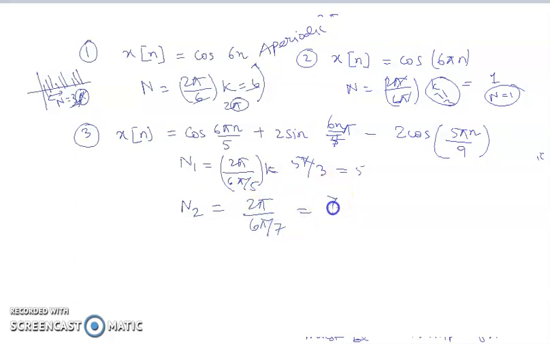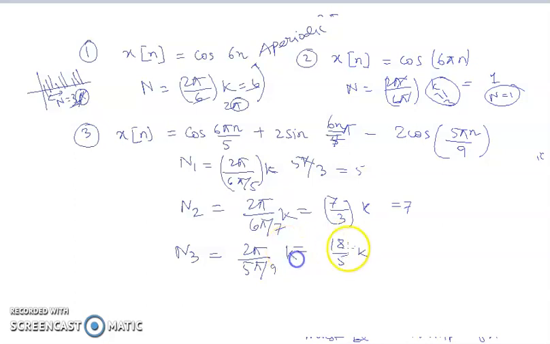So it is equal to 7 by 3 into k is equal to 7. So N3 is equal to 2 pi by 5 pi by 9, is equal to 18 by 5 k, is equal to 18. So N is equal to the LCM of these three.